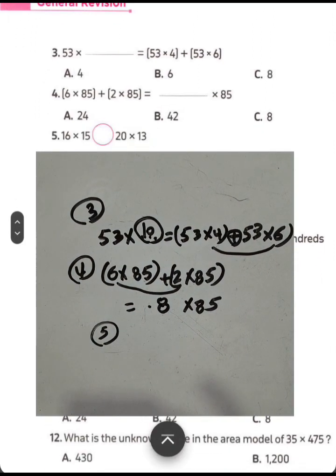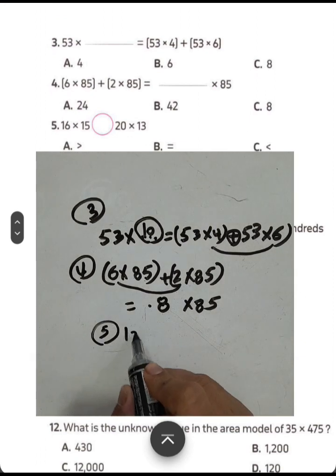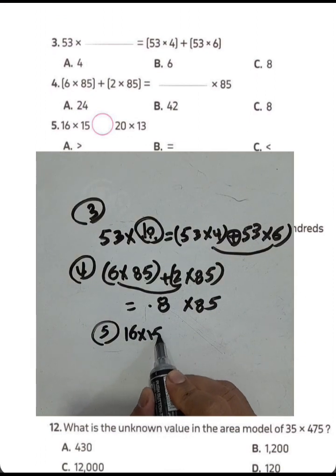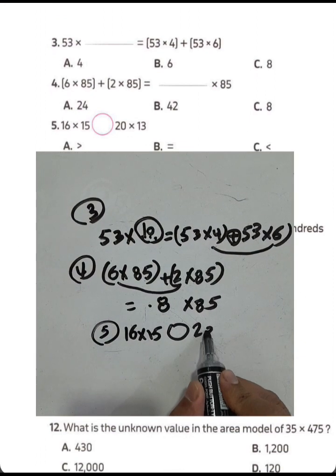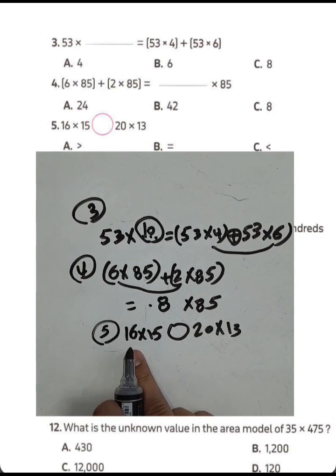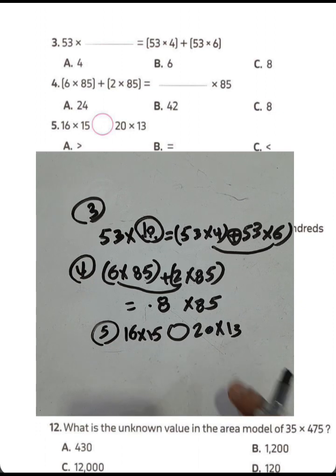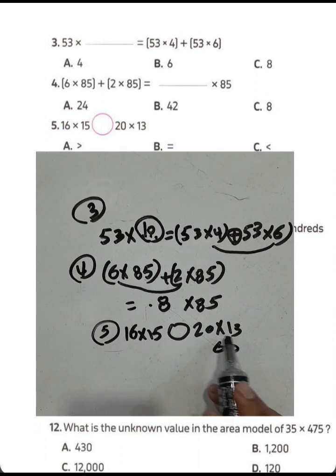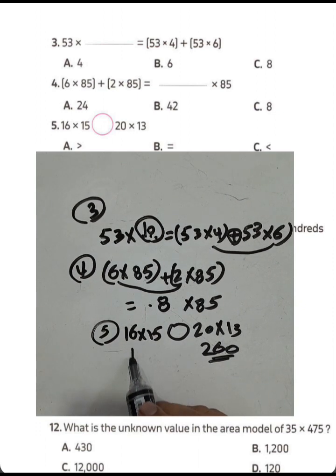Question 5. 16 times 15 or 20 times 13. Right here, 2 times 13 equals 26, and write 0.